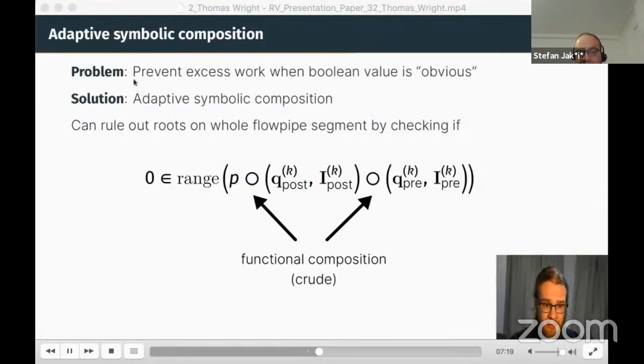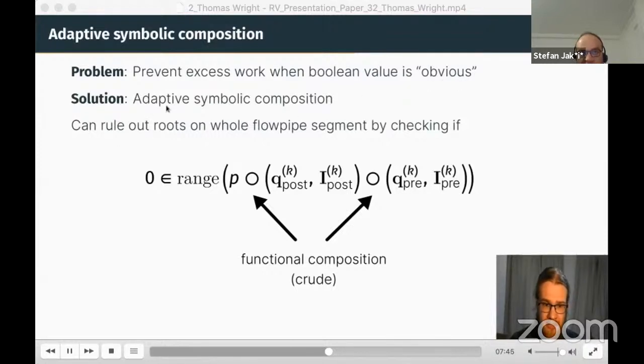Firstly, we have the problem that we may be doing more work than is necessary to determine the Boolean value of the signal. This arises because we apply all of these symbolic operations to get the tightest bound on the function value, whereas we only need to know the Boolean signal value.